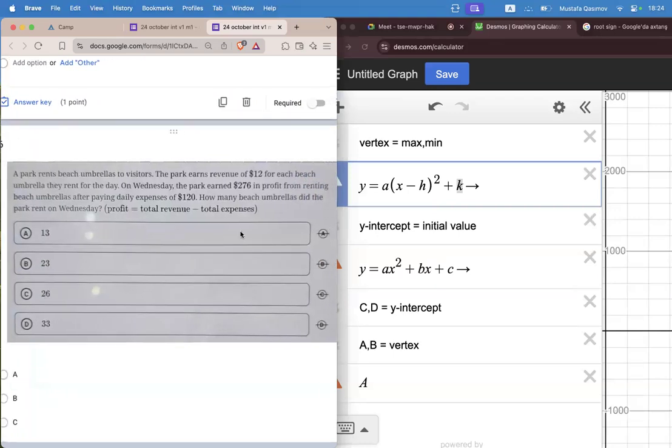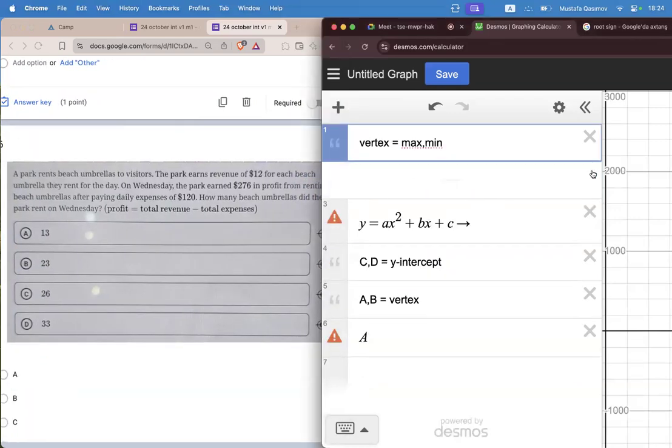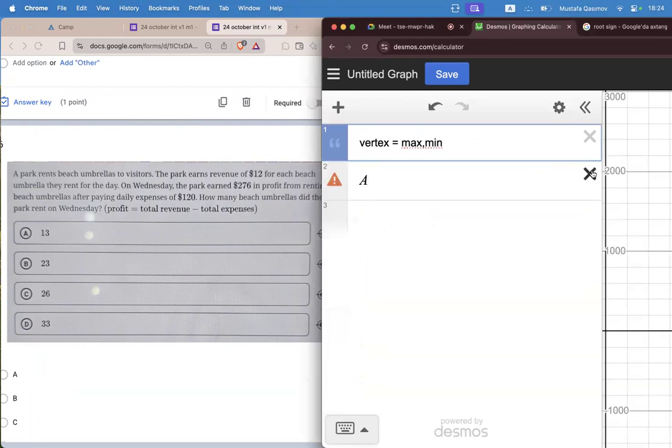For 6, we have a formula: profit is equal to revenue minus expense. That's right. The park earns revenue of $12 for each beach umbrella they rent for the day.